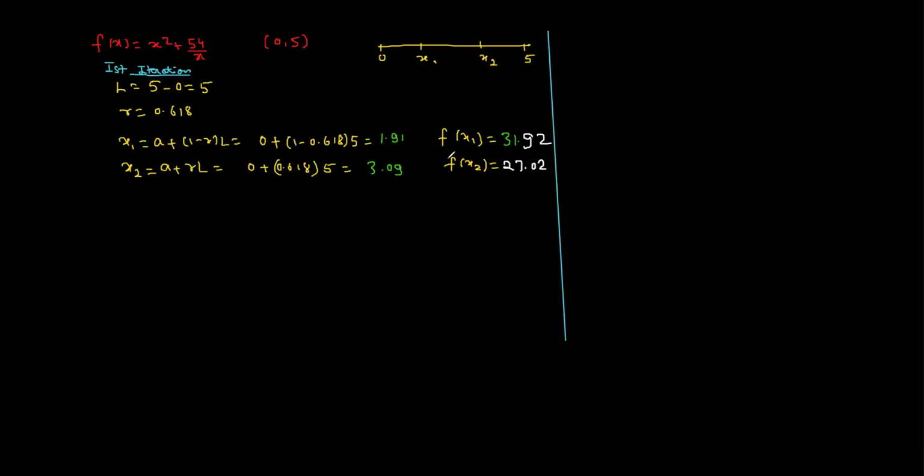Now you can see fx1 is greater than fx2, so this is the minimum value, right? Minimum value lies from... Yes, so we will keep the right side, right? Right side means what? x2 to 5.